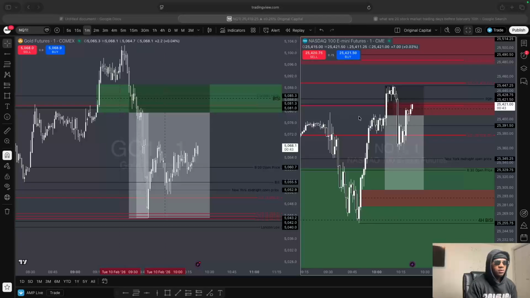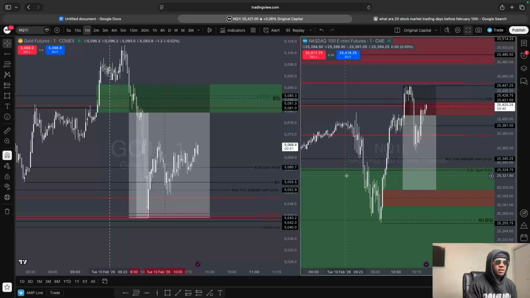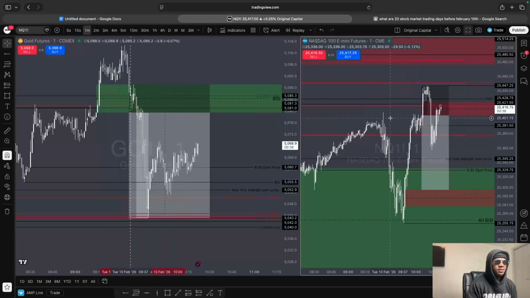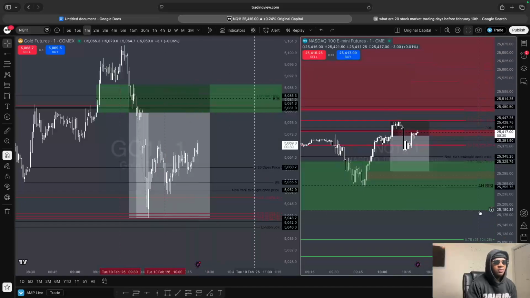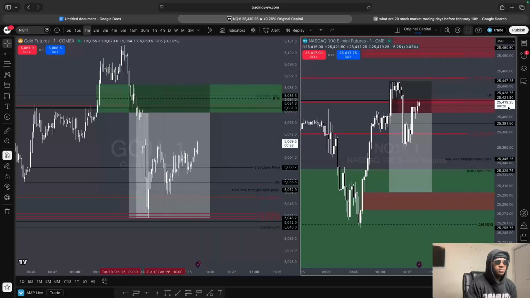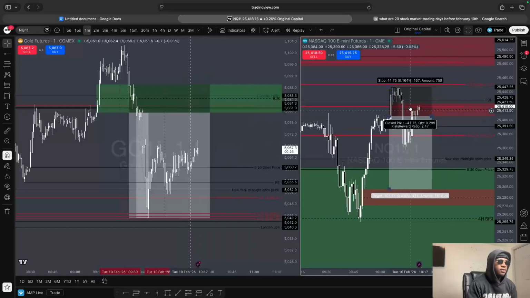I could be wrong, man. I did miss longs, but after we take out relative equal highs, we got good volatility. The daily chart is bearish on NQ because we can't get above a daily SIBI. If it fails, it fails. It is what it is, but I do like these shorts.